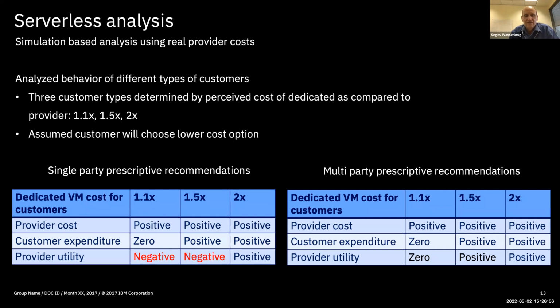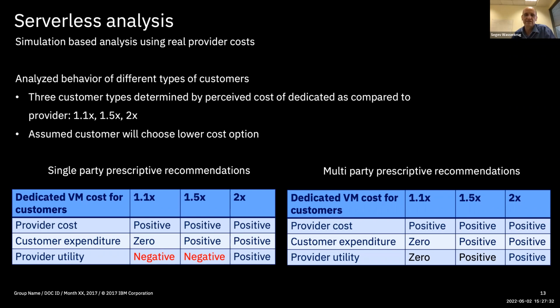Whereas if the single party decision is made based on some assumptions on the load and that the load will stay constant, then typically, unless you go to 2 times perception regarding the total cost, money will actually be lost when making this decision. So now the question is, how do we move from the single party decision making to a multi-party decision making?